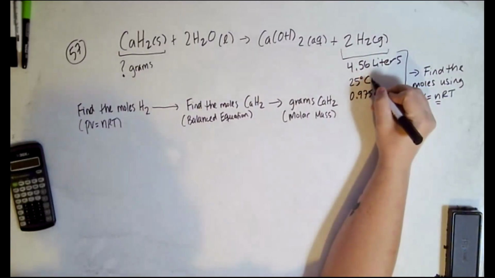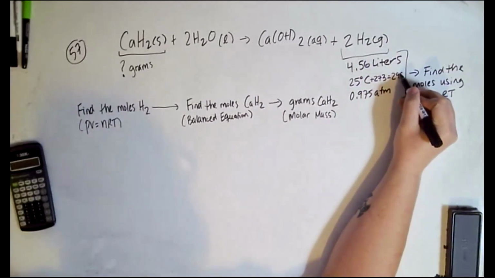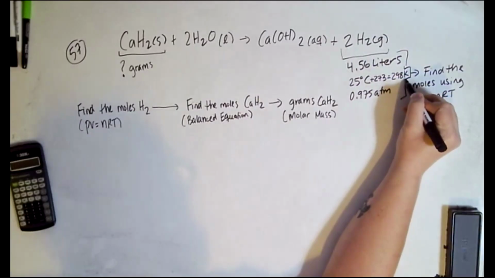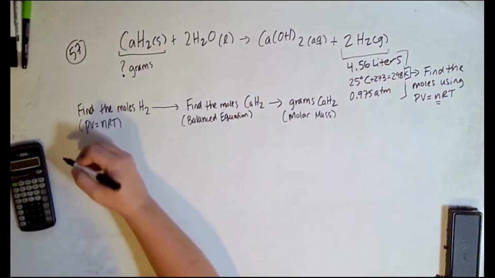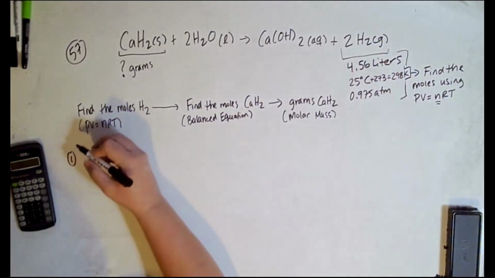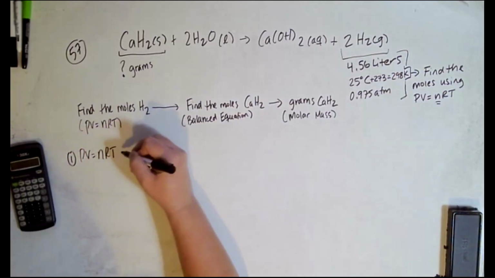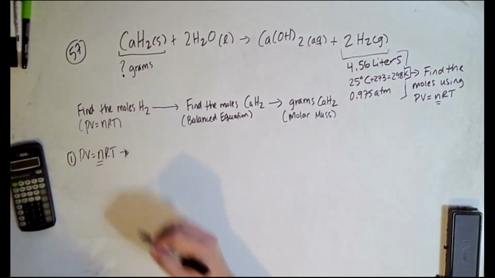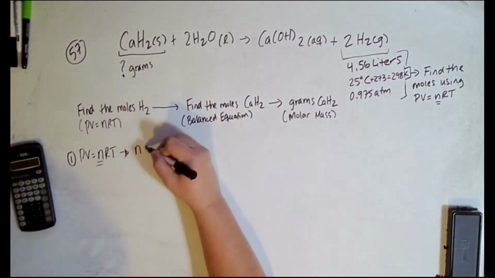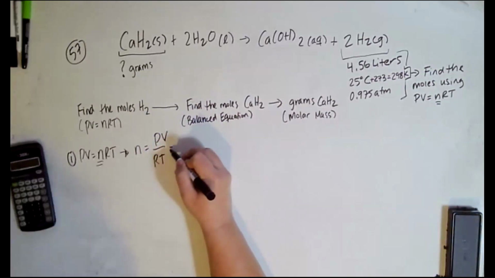So before we start, we're just going to add our 273 to our temperature so that it's in Kelvin. And we can solve our ideal gas law equation. This will be our step one. We'll take our PV equals nRT, and we're going to solve it for our moles. So moles is going to equal PV divided by RT.